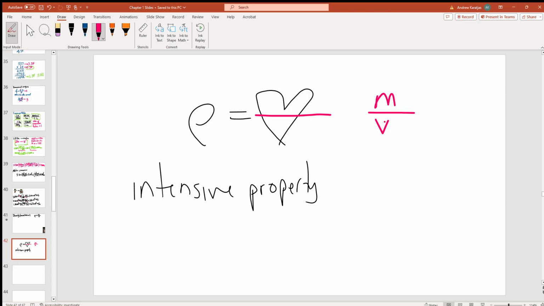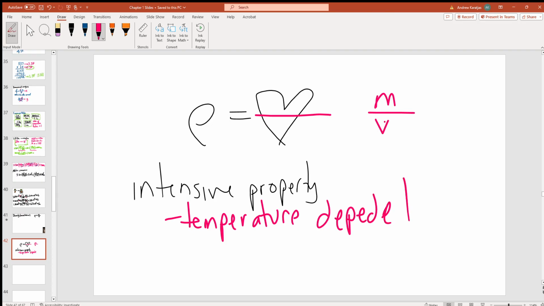But that doesn't mean density is always a constant. Density can and often is dependent on temperature. In other words, we get different densities for a substance at different temperatures.